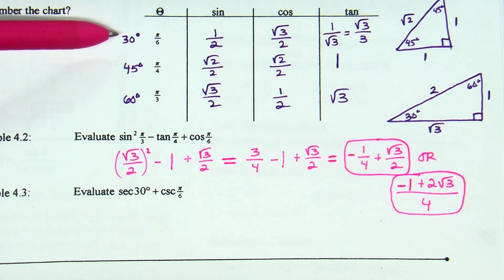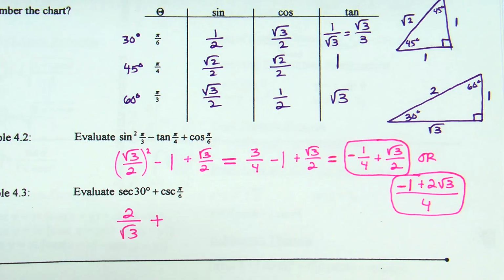Yes, you should be in the habit of rationalizing. Square root of 3 is in the denominator, so we're going to multiply by square root of 3. So 2 square root of 3 over 3 plus 2. I left my answer as that. The other option would be to make it 2 square root of 3 plus 6 all over 3. But I left my answer as that right there.